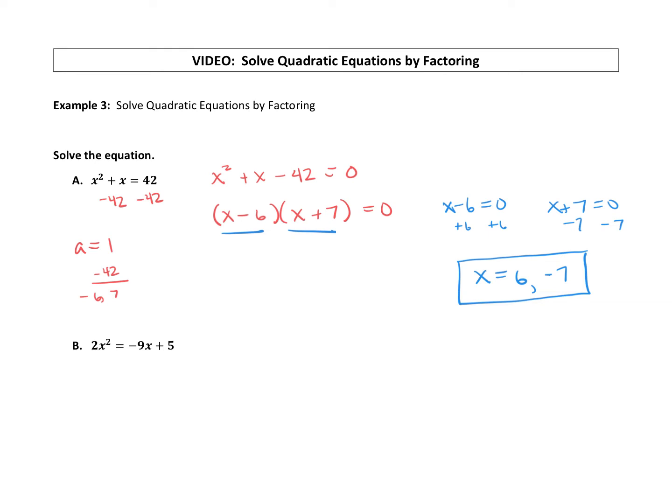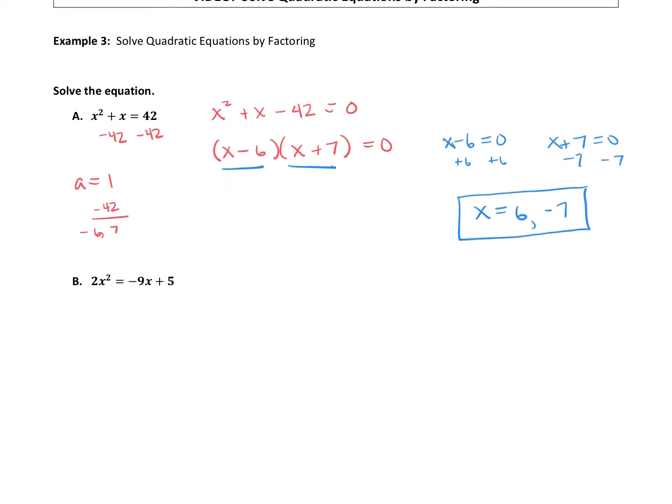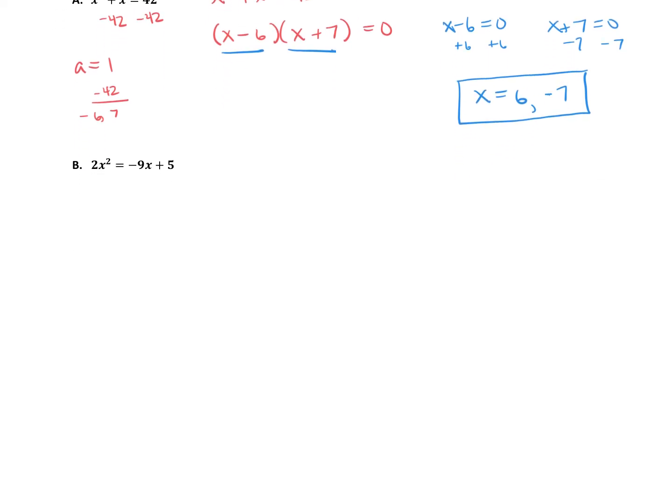Okay, let's try one more, solve by factoring. We do want everything on the same side and 0 on the other side. And if you are solving by factoring, my advice is that it's easier if your x squared term is positive.